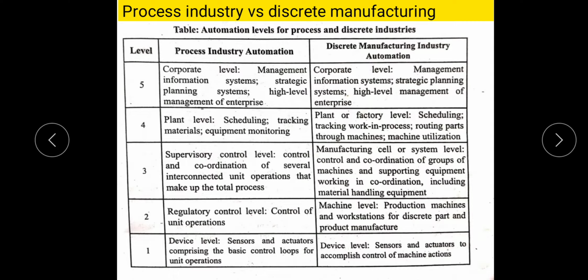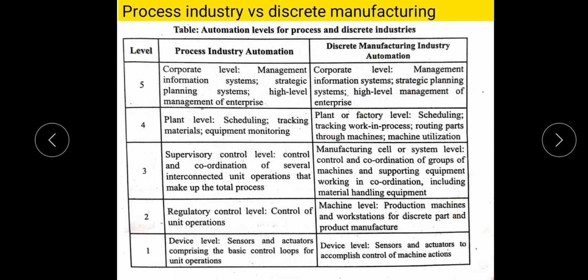Levels 4 and 5 are comparatively fairly similar across both process industries and discrete manufacturing industries. Thus, automation is applied differently across process industries and discrete manufacturing industries, especially at the lower levels of automation.